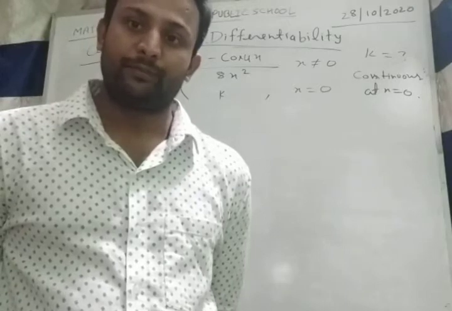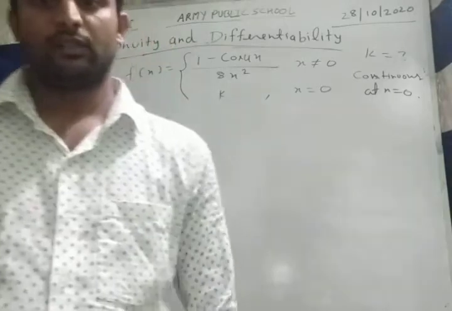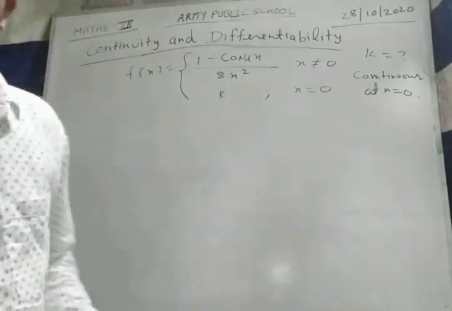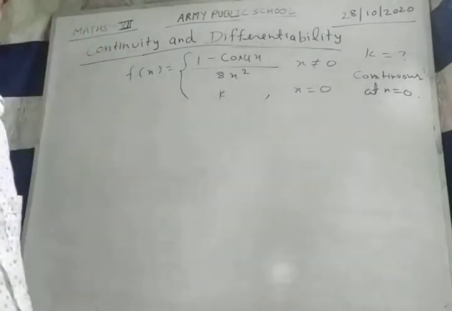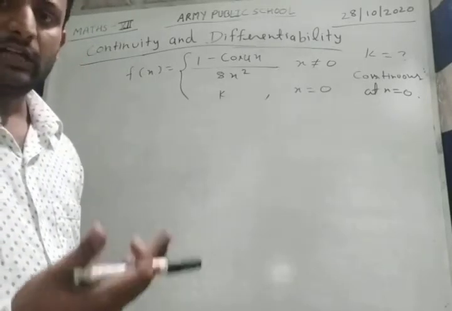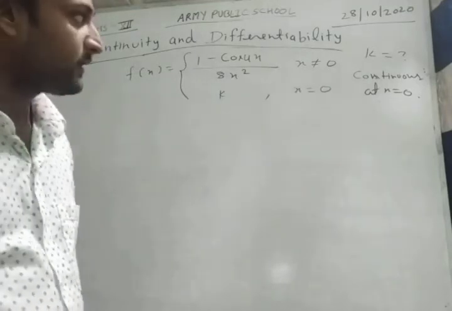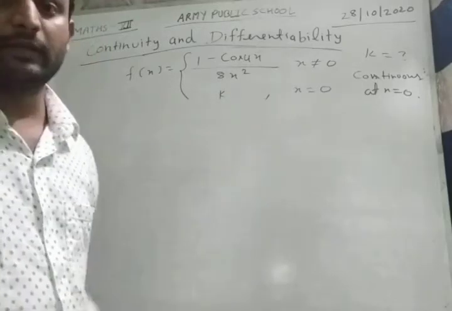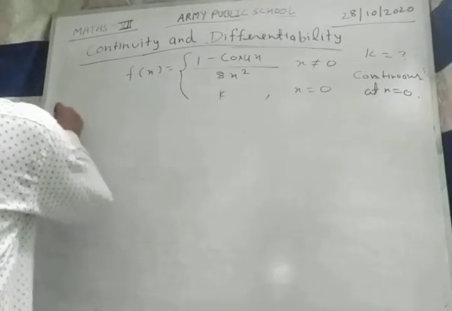If they are equal, then our function is a continuous function. So first we will find its left hand limit and right hand limit, and equate them with the value of the function. Then we can get our value of k, because the function is already given as continuous. So let's find the left hand limit.